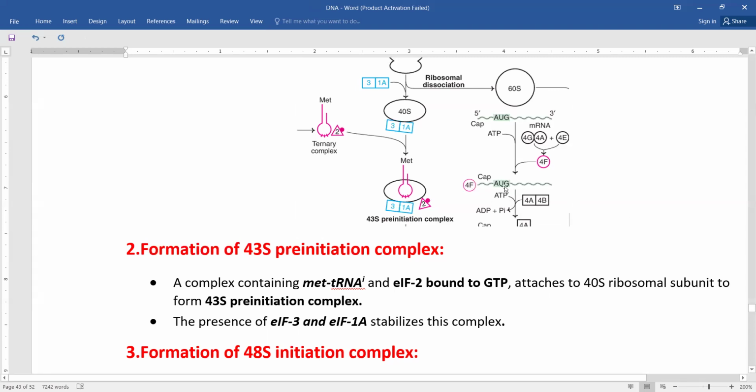This one is the first codon, AUG. This is the 4F, EIF4, initiation factor 4, which is made up of 4G, 4A and 4E.